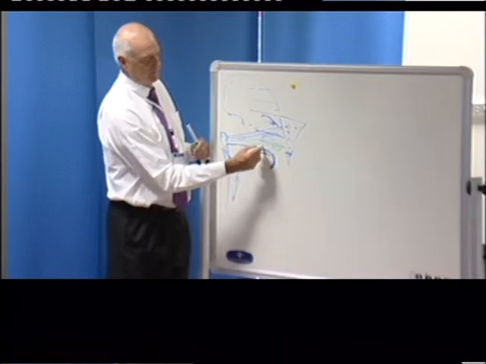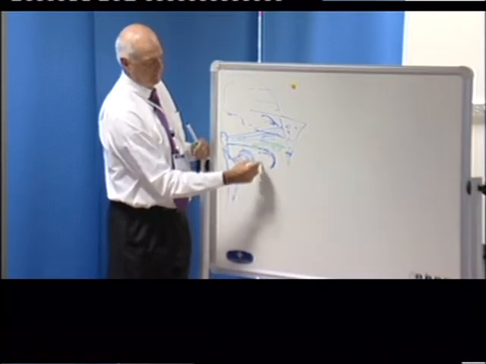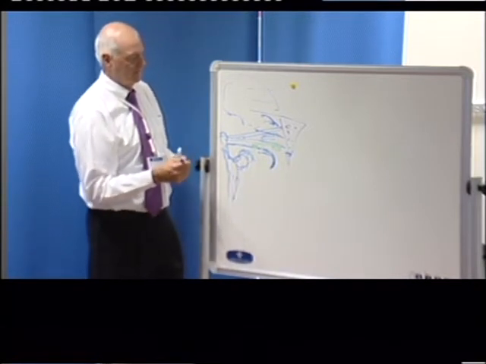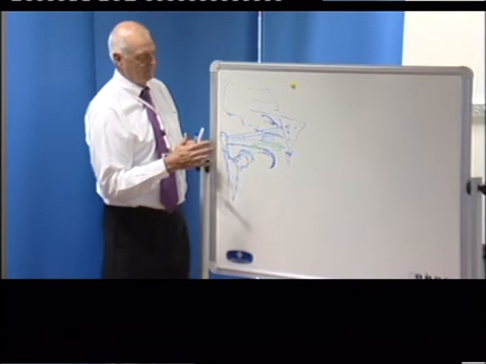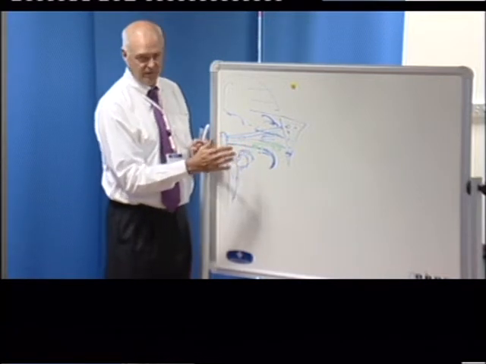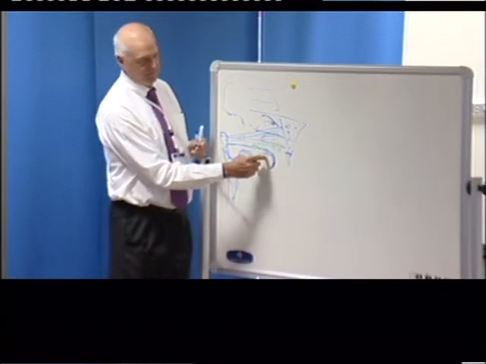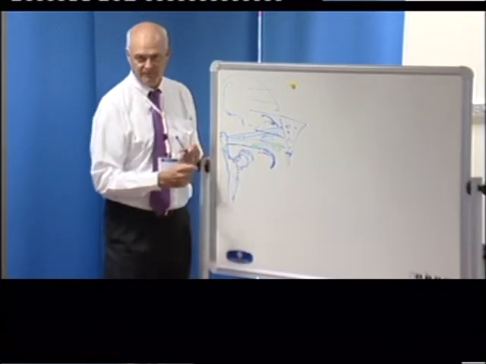Okay, and then the posterior cutaneous nerve of the thigh comes down, and in between that, where this ischium is, between the piriformis and the ischium.